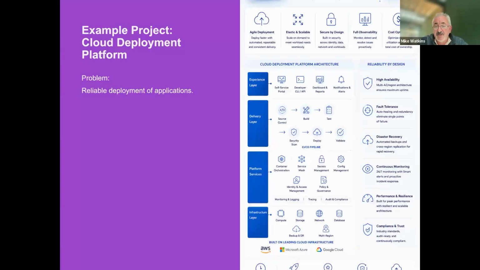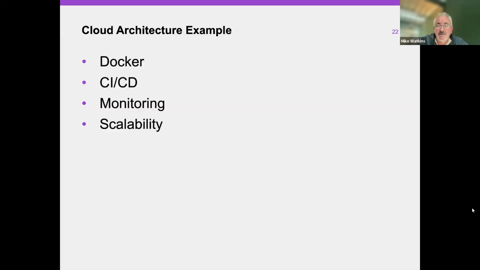Another example, maybe some cloud deployments. Next slide, please. With cloud deployment, we could be talking about Docker, containerization. We could be talking about deployment methodologies like CI/CD. We could be looking at how we monitor, how we know that people are using the system, and how we can scale up that system.